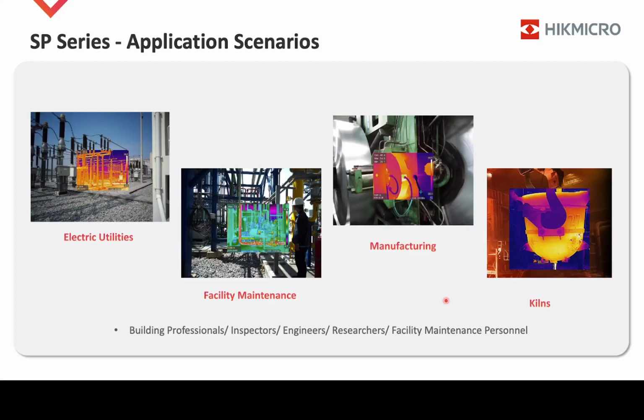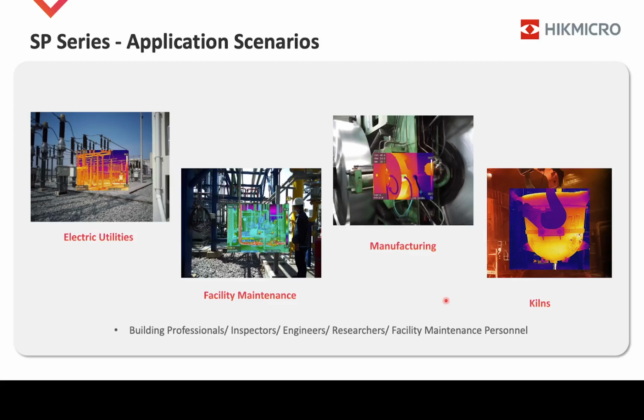The third one from the left is in manufacturing. Very often you find that when a bearing starts getting a problem, it typically heats up, and with a thermal optic camera you can see what is happening with that bearing.